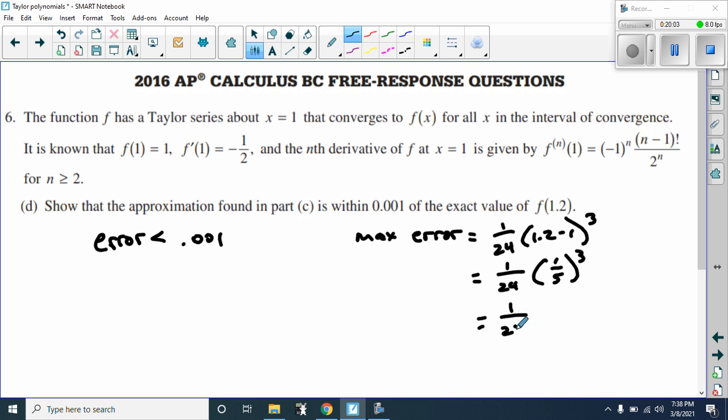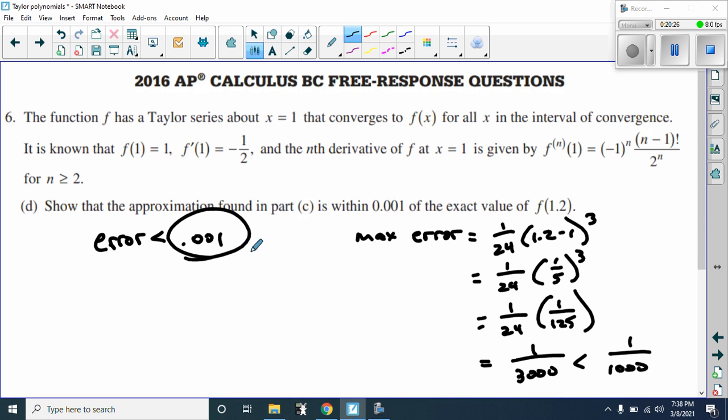So we have 1 over 24 times 1 over 125. You could multiply out 24 times 125 without a calculator if you had to. It's 3,000. So the max error is 1 over 3,000, which is indeed less than 1 over 1,000, which is 0.001.